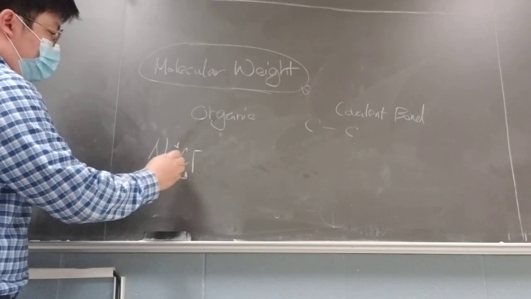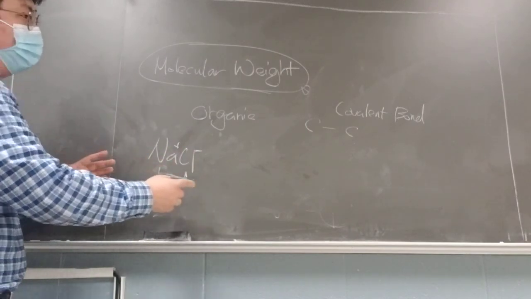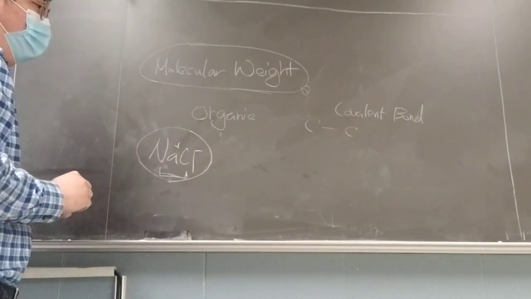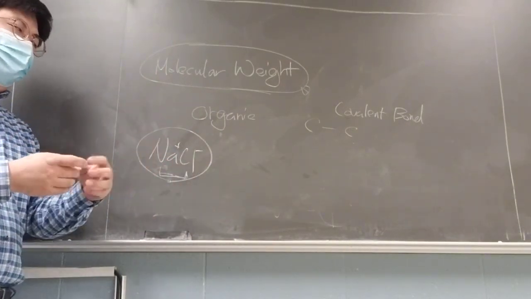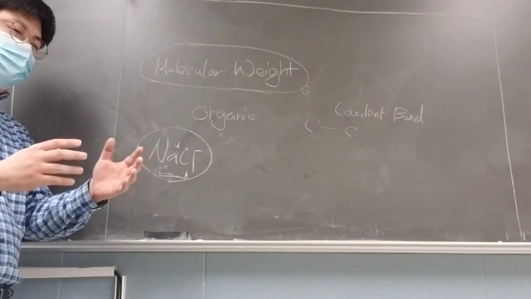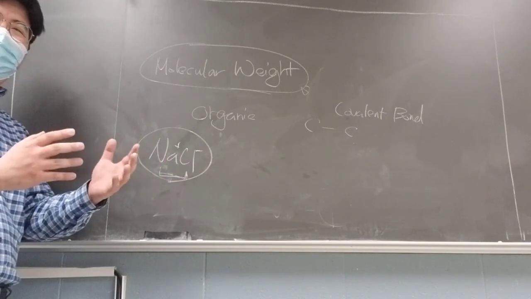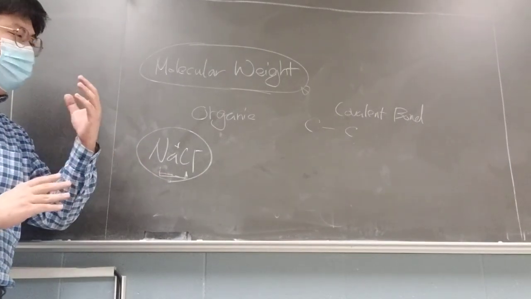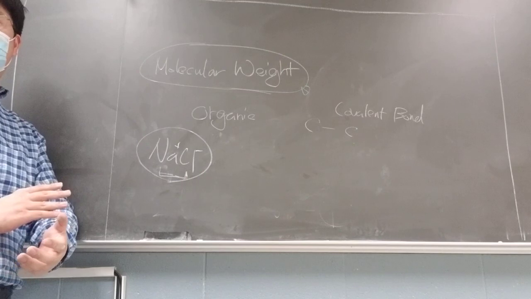So this is a different type of chemical bond than covalent bonds. We don't consider ionic compounds as regular molecular bonds, but you can still call this one type of chemical bond.